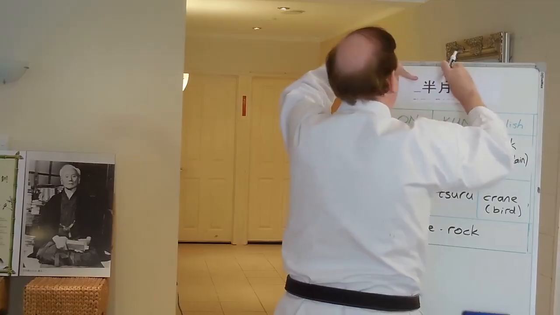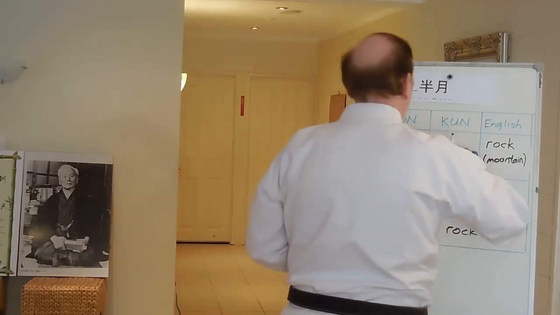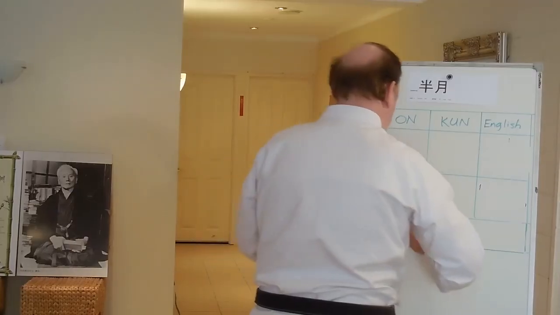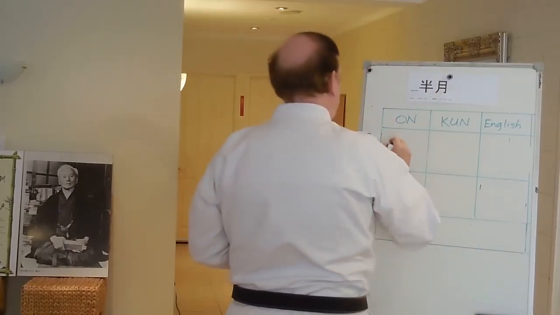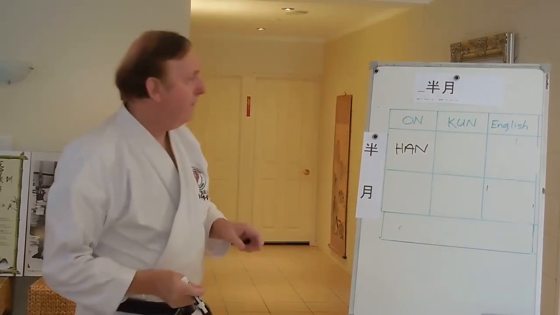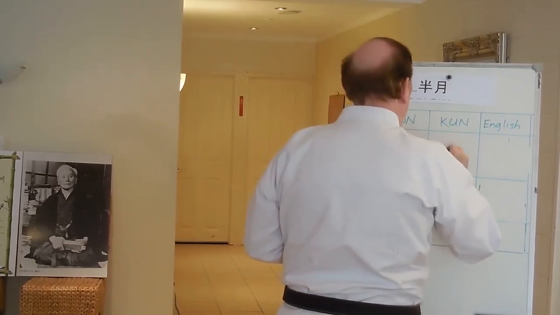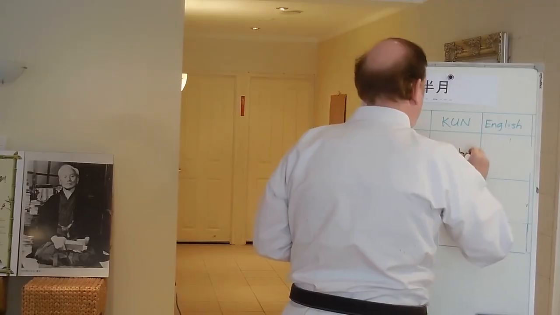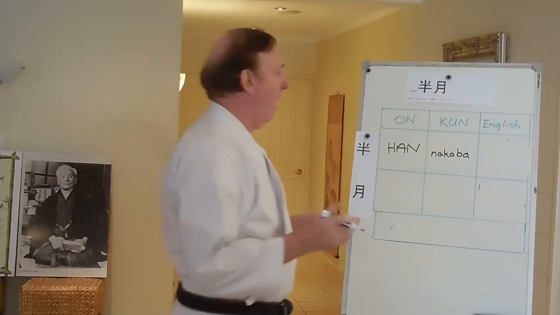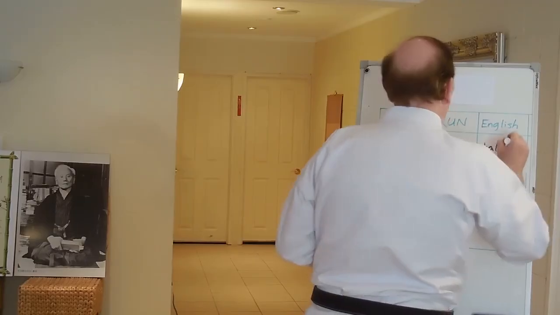And this one is hangetsu. So, first of all, han. And han, reading in Japanese, is nakaba. Naka, as you know, means the middle, so nakaba means half. So we can put half there.